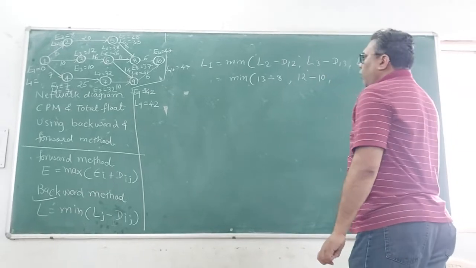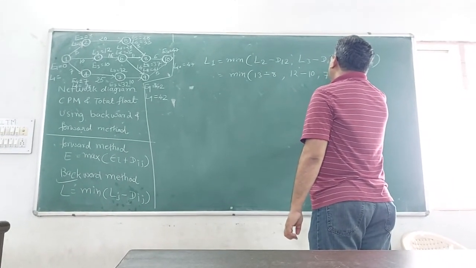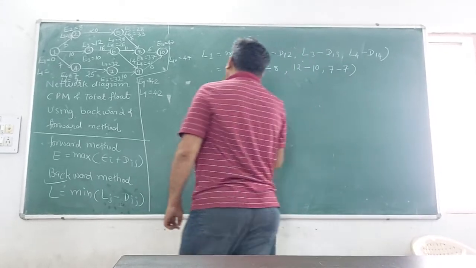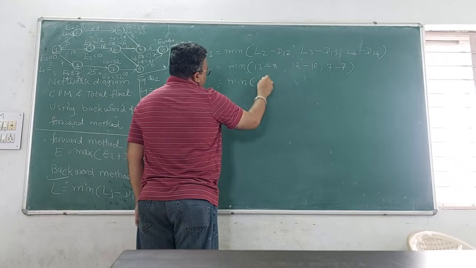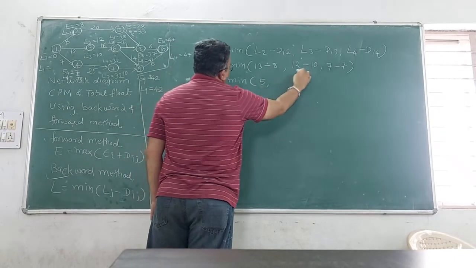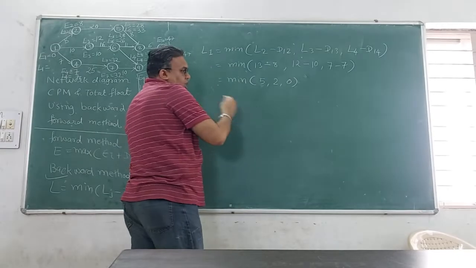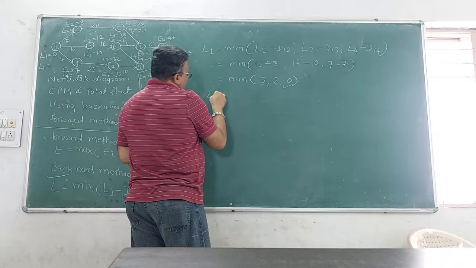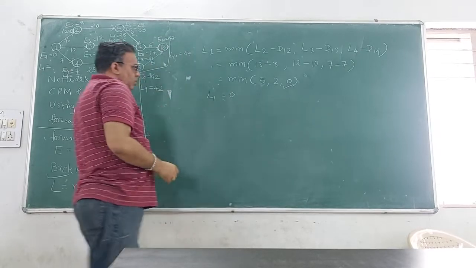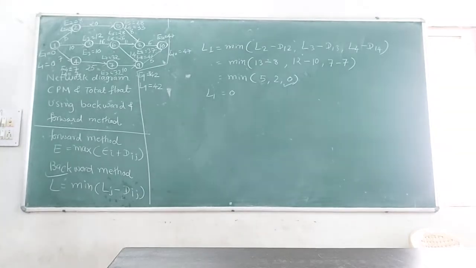Then L4 is 7 minus the distance, that is 7. Right? So minimum: 13 minus 8 is 5, 12 minus 10 is 2, 7 minus 7 is 0. So in this case 0 is the lowest value, so L1 becomes 0. Understood?